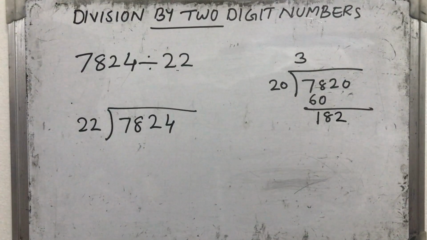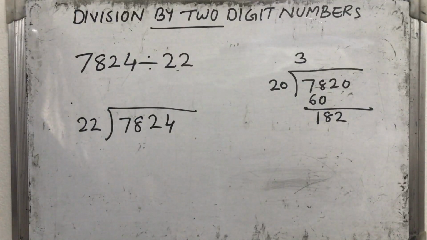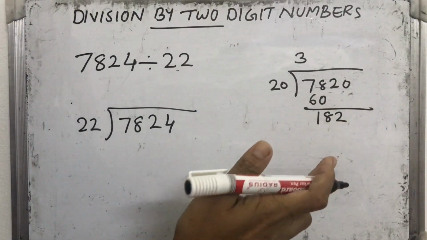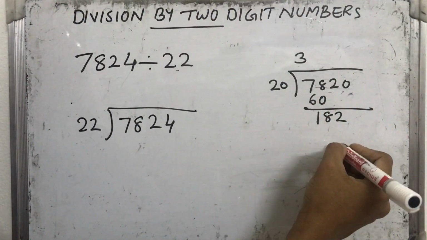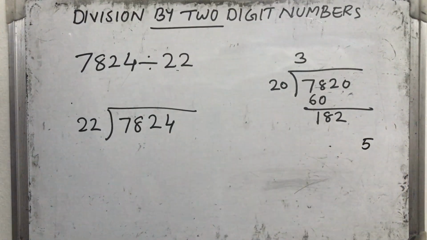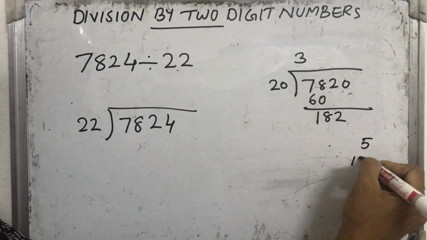How many 20s are there in 182? We know the multiples of 20. In 100, how many 20s are there? 5. 5 20s are 100. 6 20s will be 120.